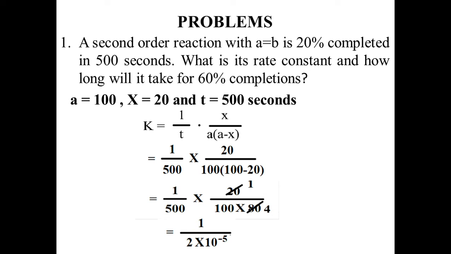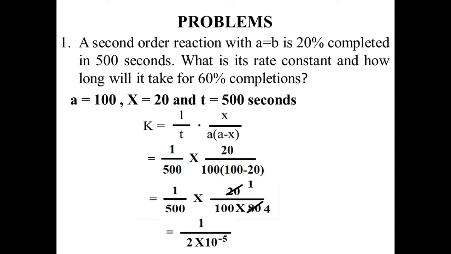What is given? A equals 100, x is equal to 20 and t equals 500 seconds. Put the second order reaction formula: k equals 1 by t into x divided by A into A minus x. Next step: 1 divided by 500 into 20 divided by 100 into 100 minus 20. Here 100 minus 20 is 80. Next step: 1 divided by 500 into 20 divided by 100 into 80.